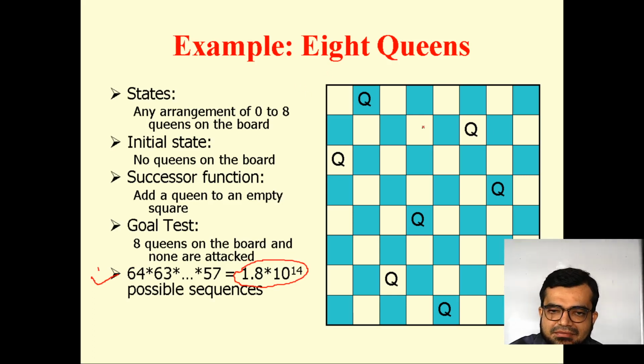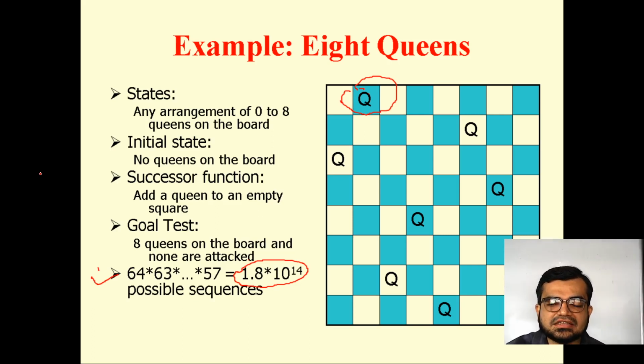But for the second, if you take this first cube, you cannot have 1 2 3 4 5 6 7 8 9 10 11 12 13 14, and again 15 16 17 18 19 20 21, so 21 locations. For the next queen, in those 21 locations you are violating the rule of 8 queens.